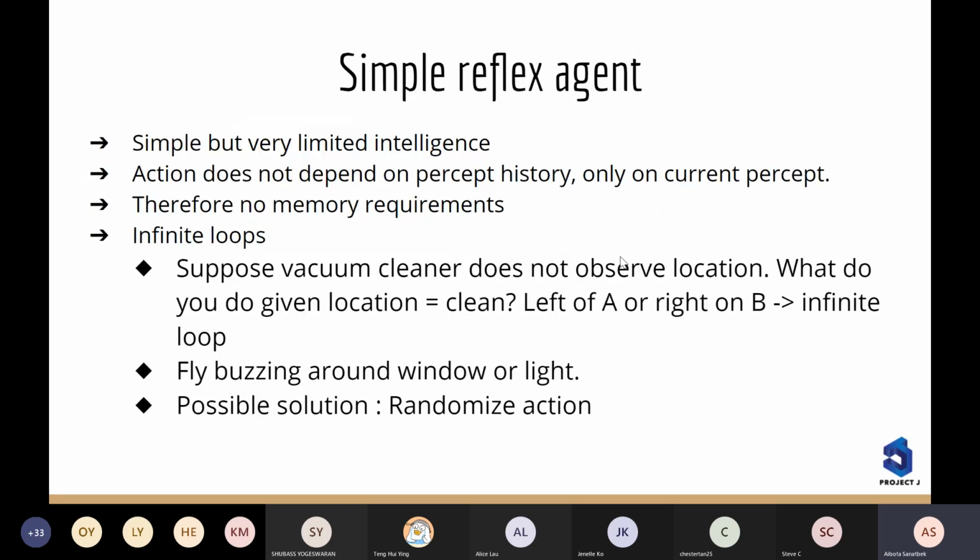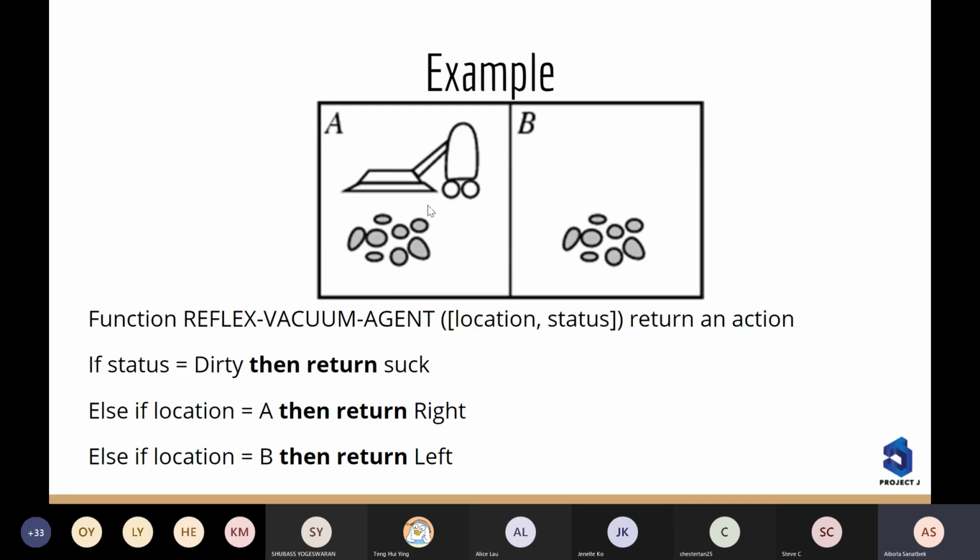For example, let's say this vacuum cleaner agent is a simple reflex agent. Then it only takes into account what the current situation is like.